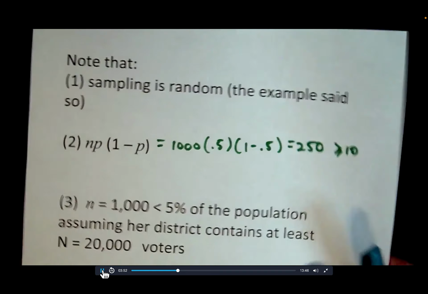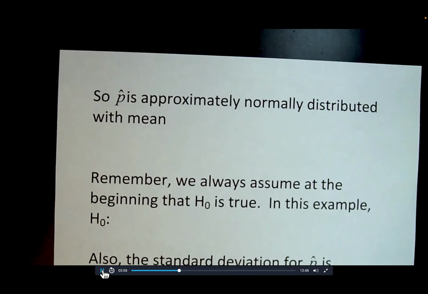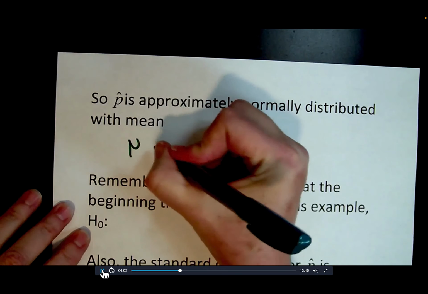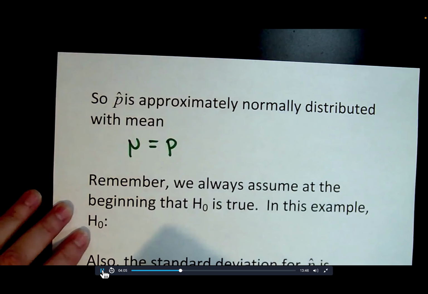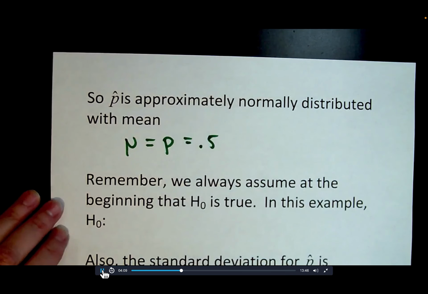Since all three of these things are true, we get to conclude that p hat is approximately normally distributed with mean equal to the population proportion, which we are assuming is 0.5.